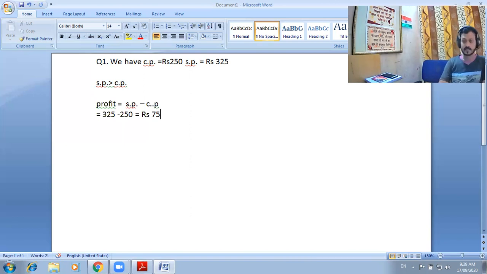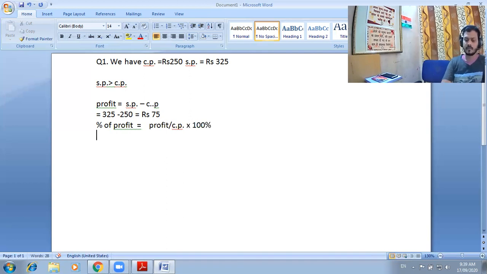Also find the profit percentage. Dear students, try by yourself to recall the formula for this. Firstly, write the formula for percentage of profit. Everyone knows percentage of profit equal to profit divided by CP, the cost price, always written in the denominator, into 100 percent.